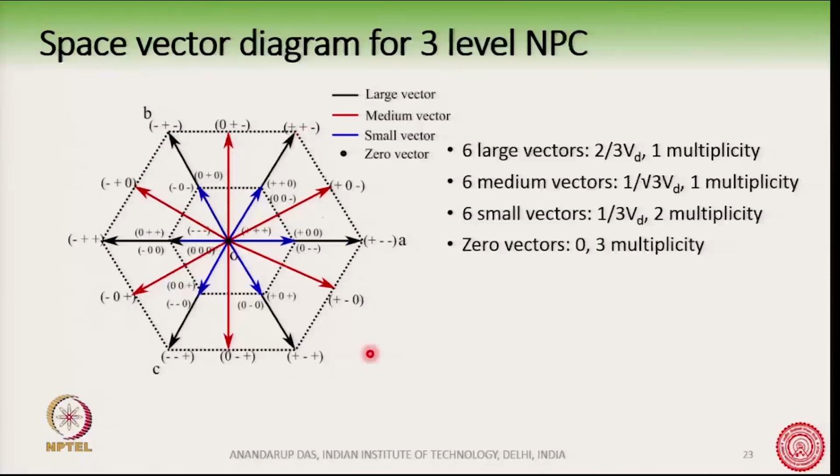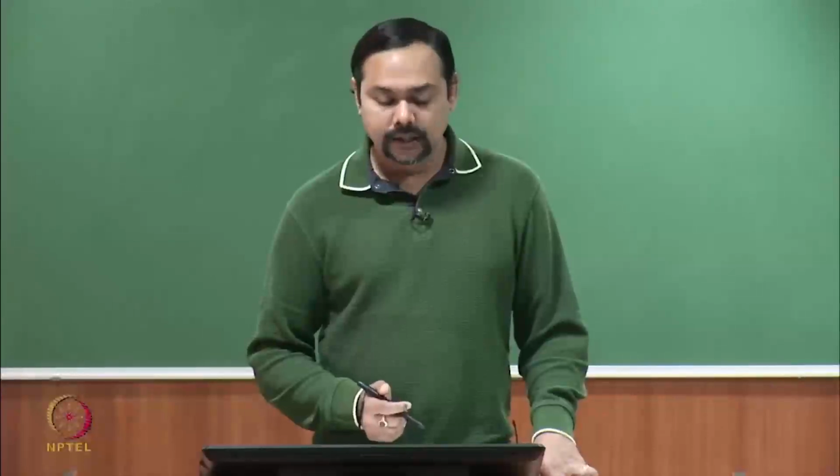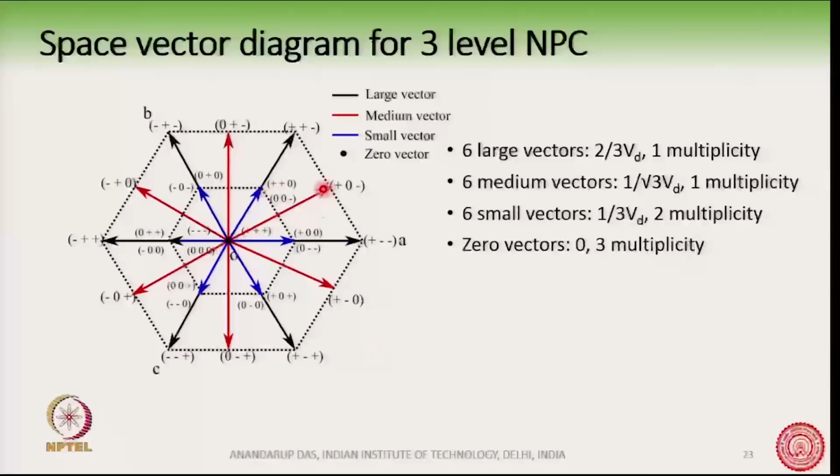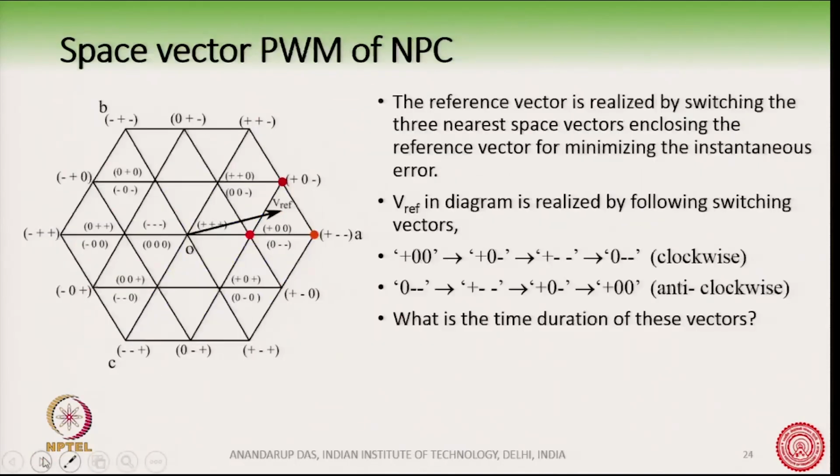In many cases, in the book or in the literature, you will find that these vectors are often joined by lines. Okay. So, you will see that such a space vector diagram is often shown.